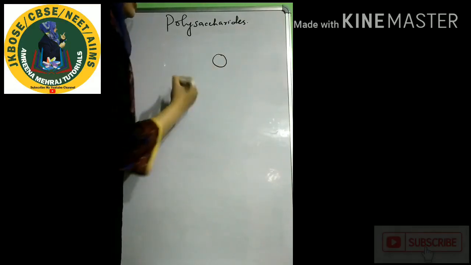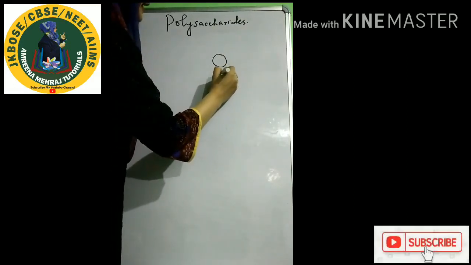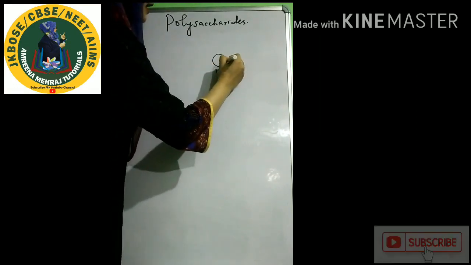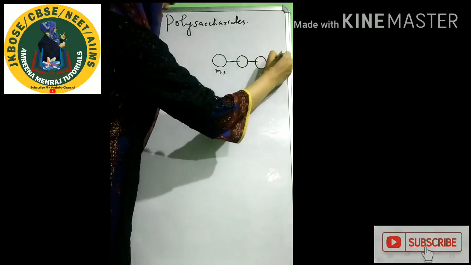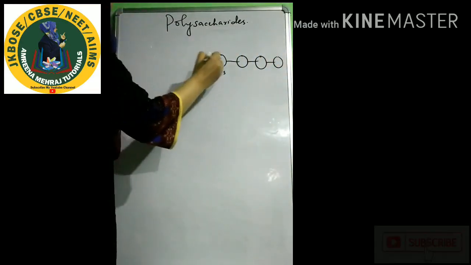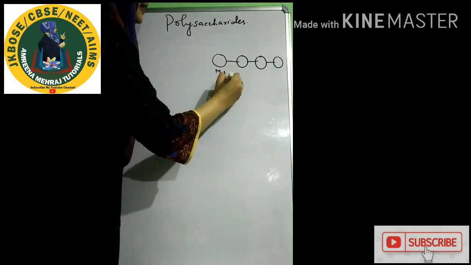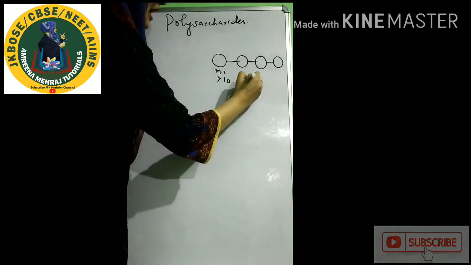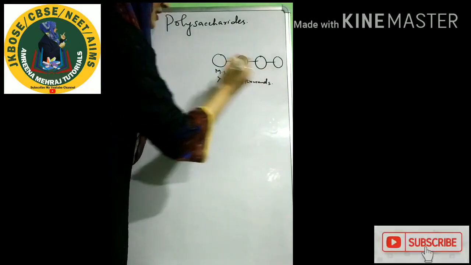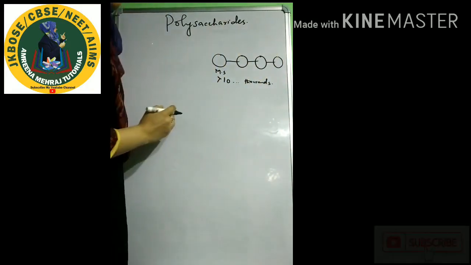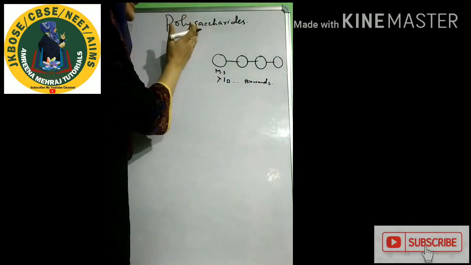If this circle is representing a monosaccharide, then in case of polysaccharides, you'll be having a number of these monomers, a number of these sugars connected to one another, and the number is going to be more than 10, and it can reach up to thousands in range. Okay, so such a long chain of monosaccharides is your polysaccharide.